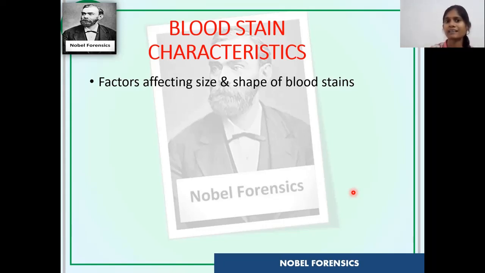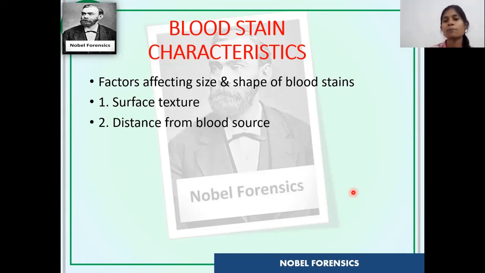But in case of glass or a smooth surface like tiles, there is no absorbing of the blood, so there is formation of a round blood stain. So this is one factor. Surface texture is one factor which influences the pattern of the blood stain. Then distance from blood source.